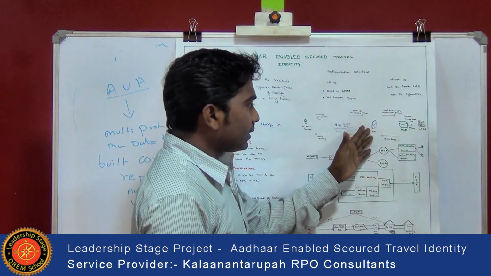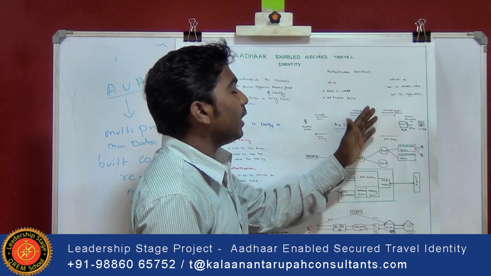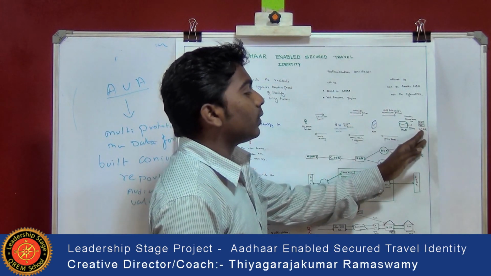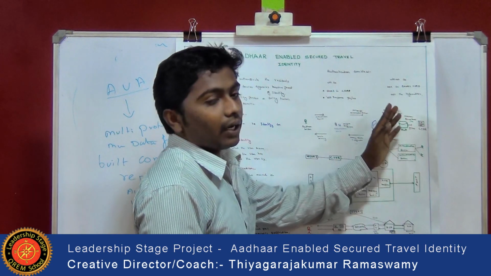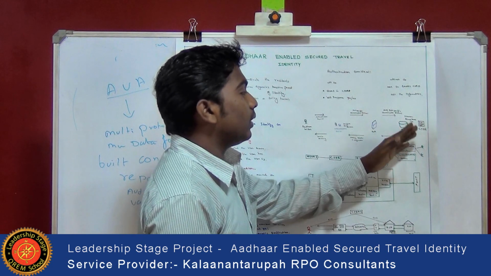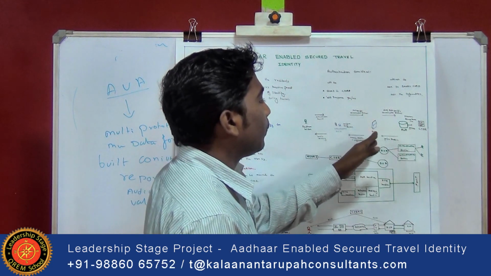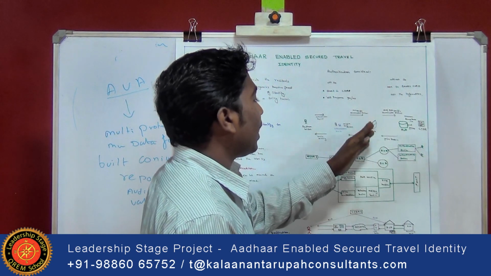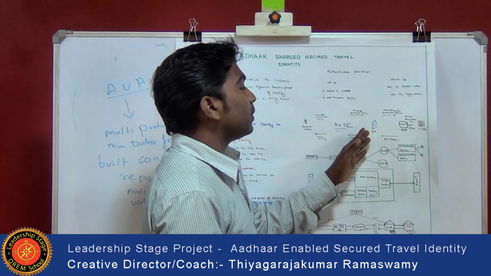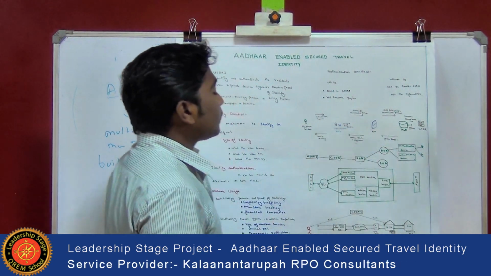From there it is transmitted to the ASA through the ASA secure transmission protocol. Again, it is transmitted to the CIDR. From there, the data will be validated, and the response will be yes or no. It is again transmitted to the ASA and then back to the AUA. If it is an authenticated person, then the service will be provided to the user.